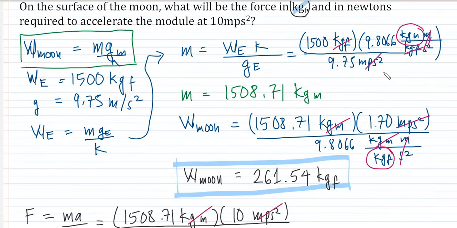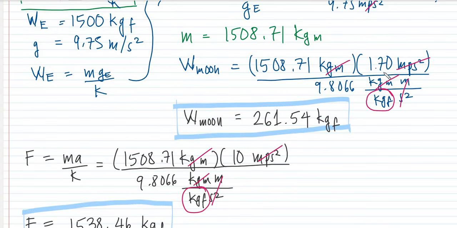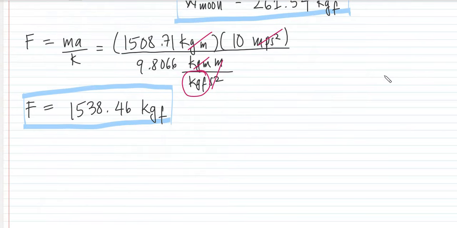Okay, so to do that, we will simply have the conversion. We will have the conversion from two K's. All K's are equal, okay? First, we have 9.8066 kilogram mass meter per kilogram force second square.